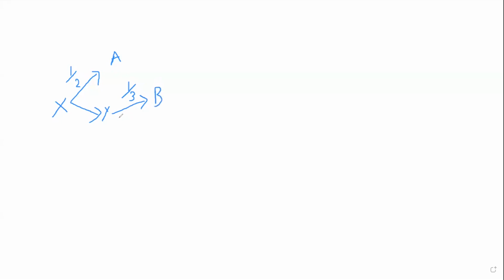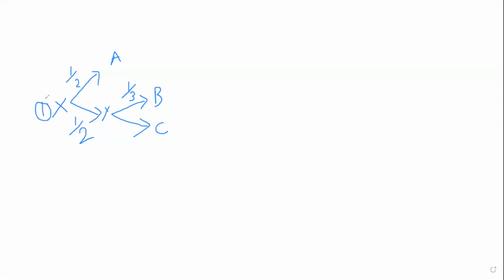Okay, and then they say the rest was given to C. So the balance part they are giving to C. So you can draw a diagram like this. If 1/2 is given to A, the remaining fraction is going to be another 1/2, because from the total, if you are giving half to A, the remainder is going to be half. This X is considered as 1 total portion.